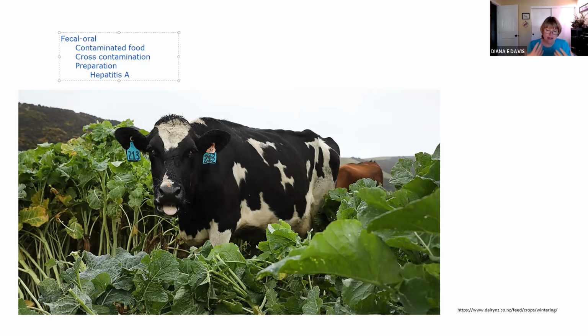Somebody comes in, is working there, if they have hepatitis A, they can spread it through the food, even if they're taking safety precautions. We really hope that our food preparation people wash their hands after using the bathroom, because otherwise, there we go.